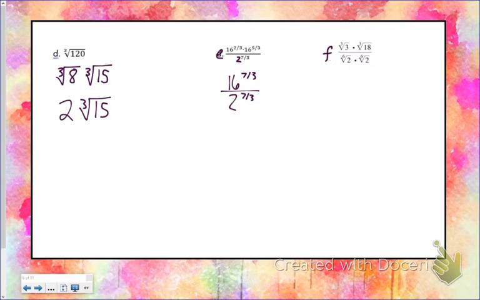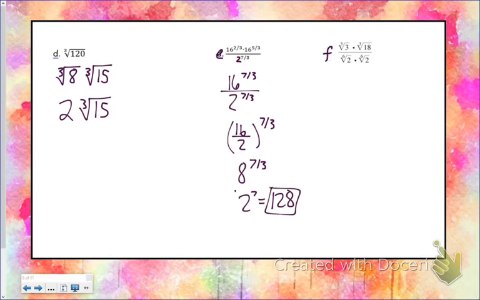So if they have the same exponent, I can rewrite them with that same exponent. Now I can just divide. So this is 8 to the 7/3. Cube root of 8 is 2. 2 to the 7th is 128.